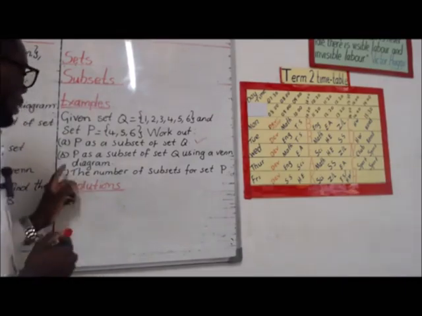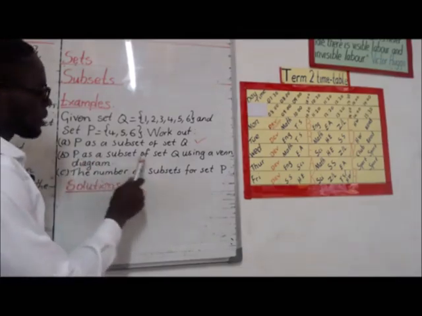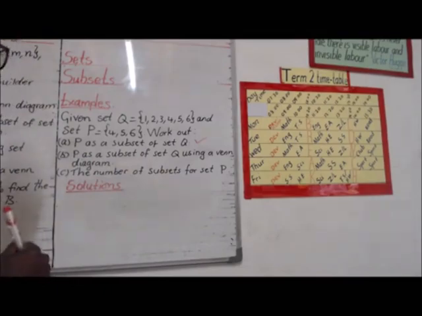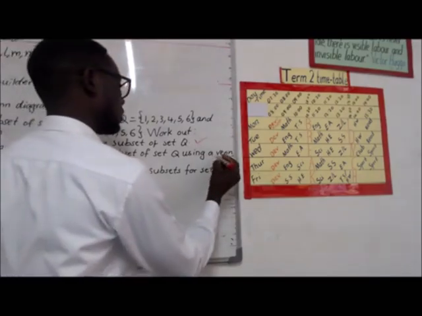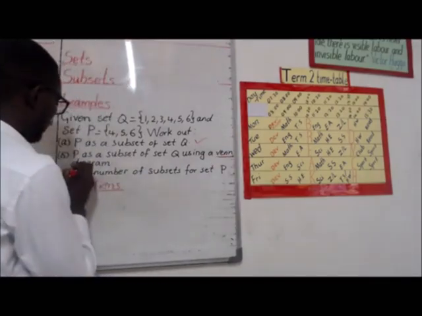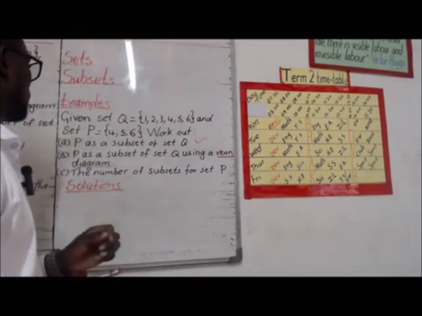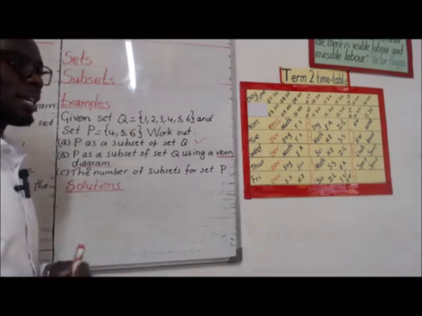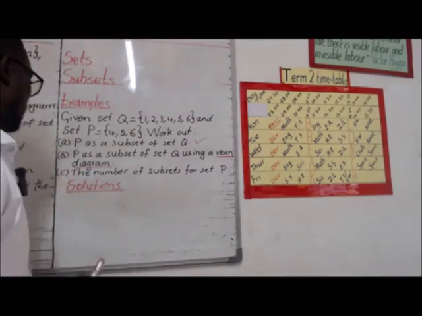Find set P as a subset of set Q using a Venn diagram. So we want to draw set P as a subset of set Q using the Venn diagram.